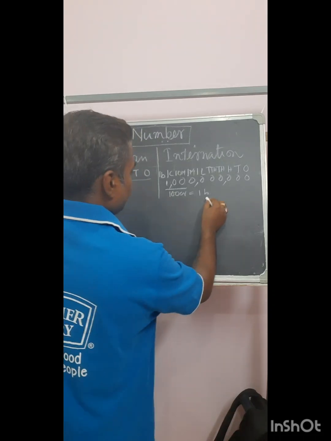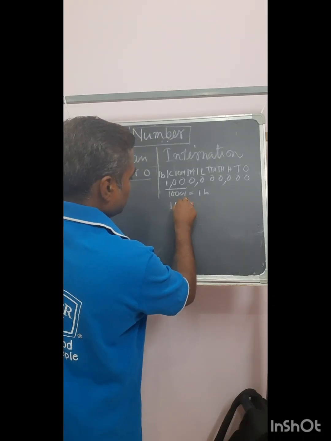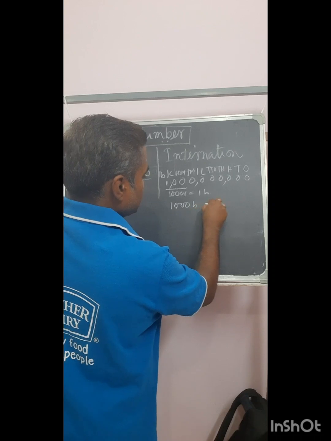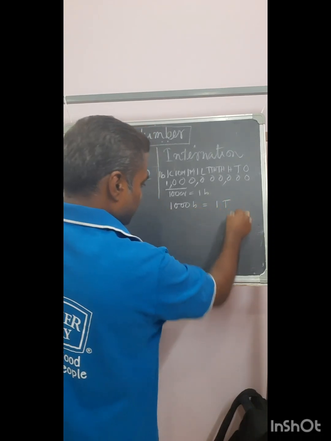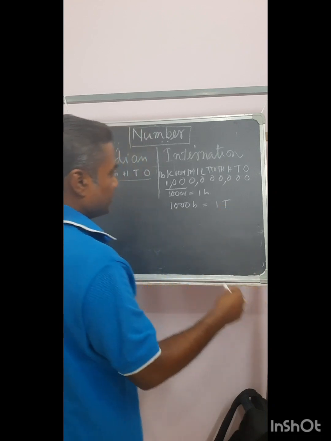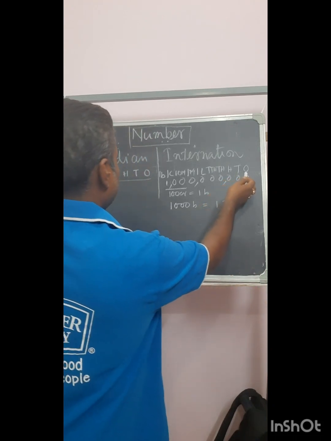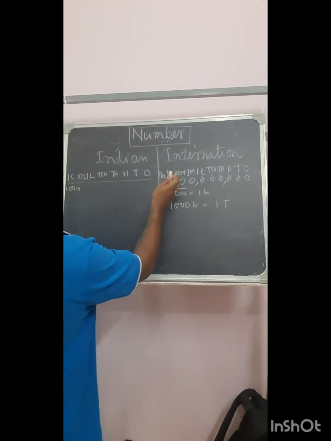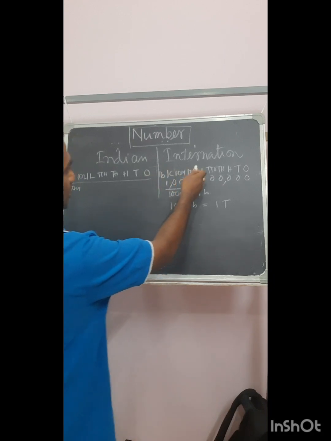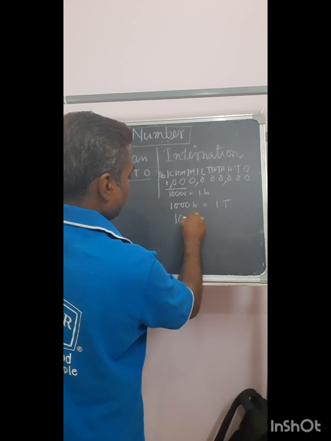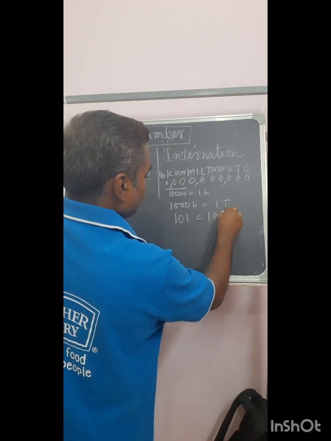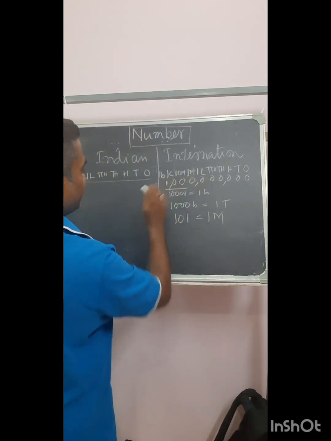After that, 1000 billion they say 1 trillion. They further use some bigger units, but it basically differs after the crore. Even in lakh, 10 lakh is also called 1 million, so from there things differ.